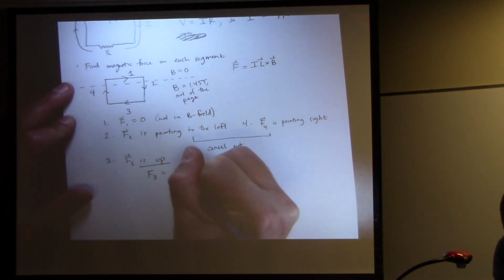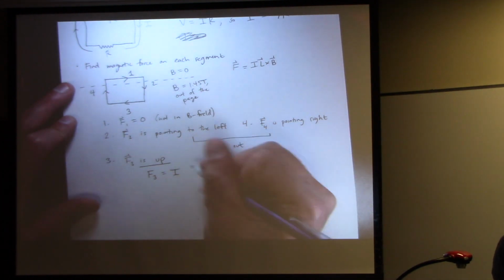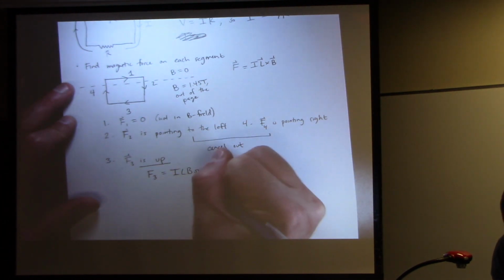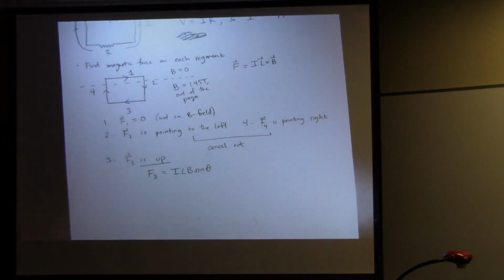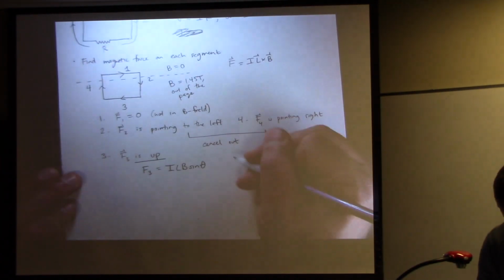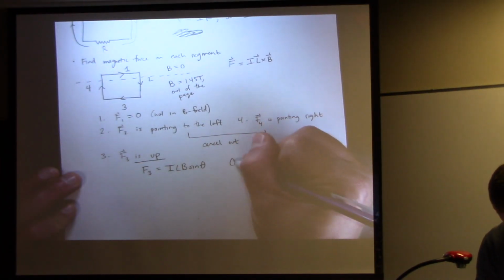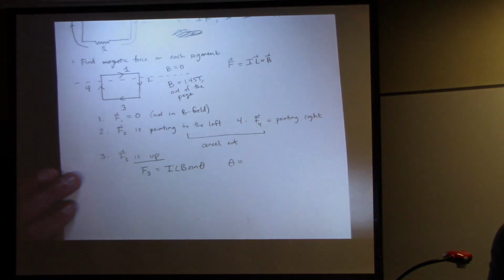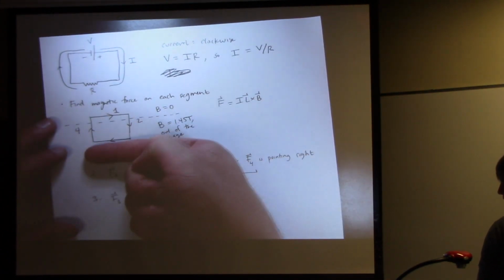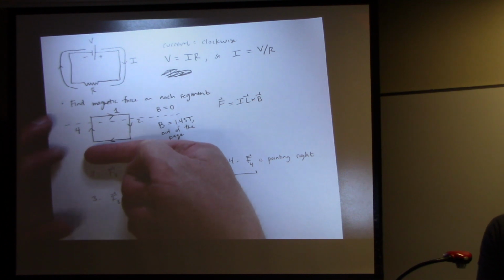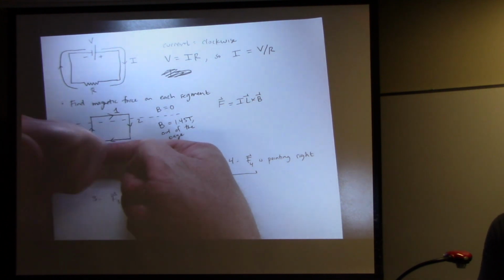Well, the magnitude of a magnetic force on a wire is ILB sine of theta. And actually here, let's just think about what is the angle theta in this case. So my current is going, sorry, to the left, and then my B field is coming out of the page like this. Well, that's a 90-degree angle, right?